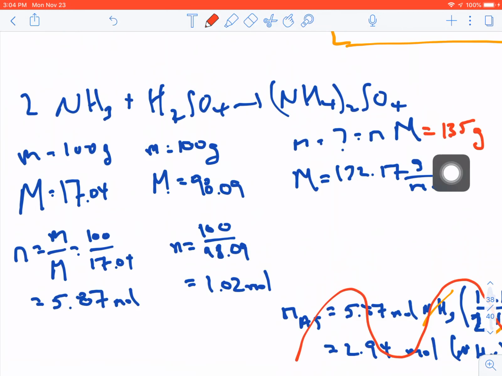I had 200 and I only got 135. That means there's still 65 grams of one of these, the one that was in excess. So remember, we said this one was limiting because it's the one that's going to run out, and this one is in excess, which means it's going to be left over in the end. Now, I would never ask you that, but if you're wondering why the mass of the reactants isn't equal to the mass of the products, that's the reason why.